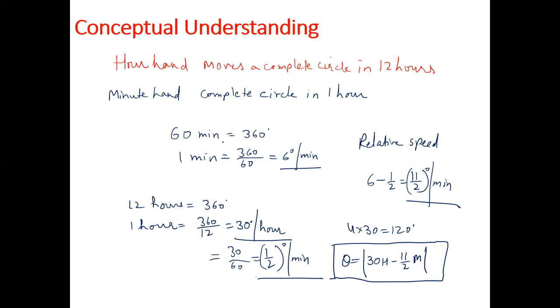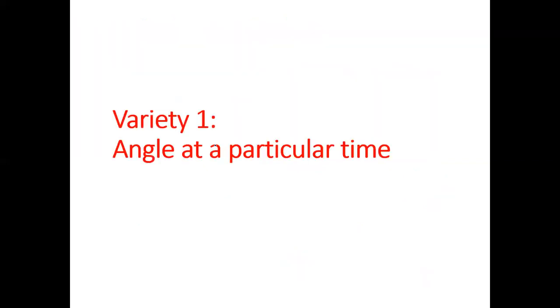And now let's solve the questions. Angle at a particular time. This is the first variety. Suppose the time is 7:30 and we have to find out the angle between the two hands. Just now I have given you a formula, 30h minus 11 by 2m. Now h is 7 and m is 30. Put the values here.